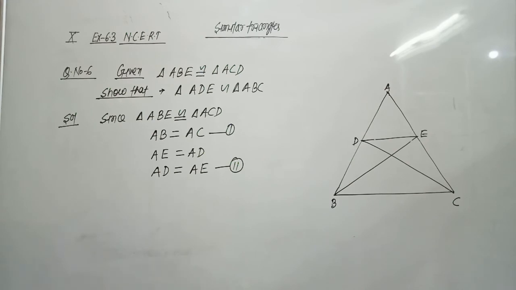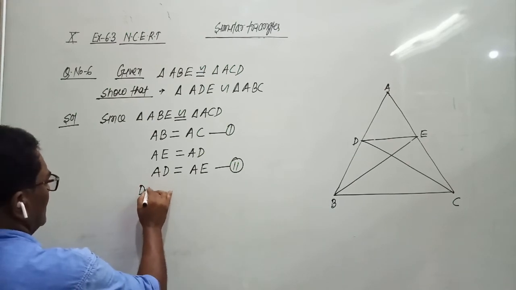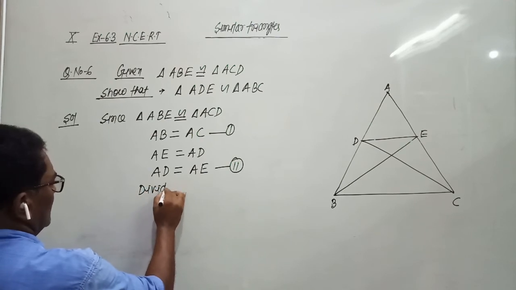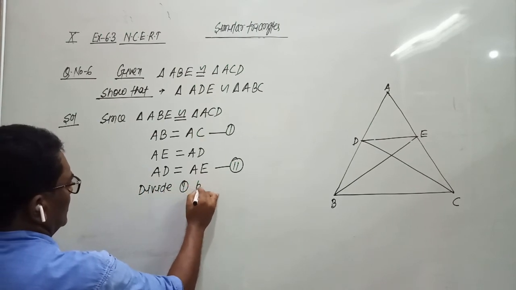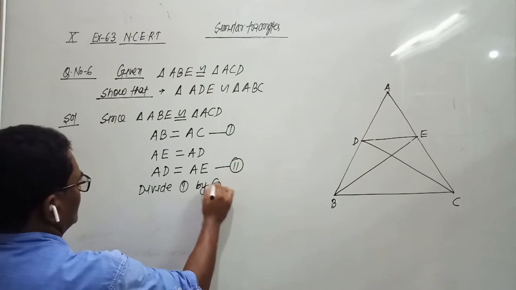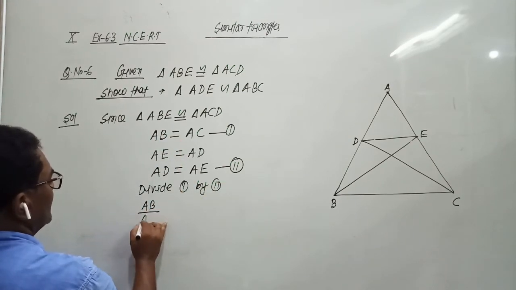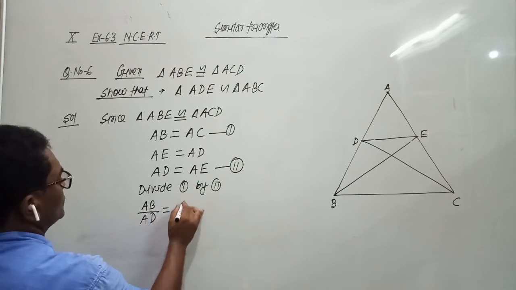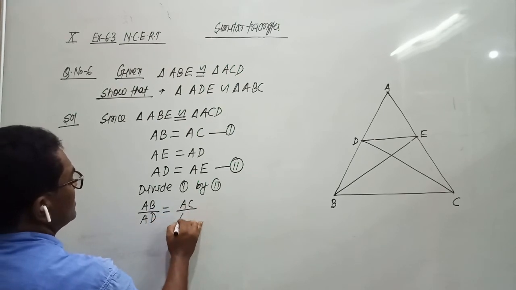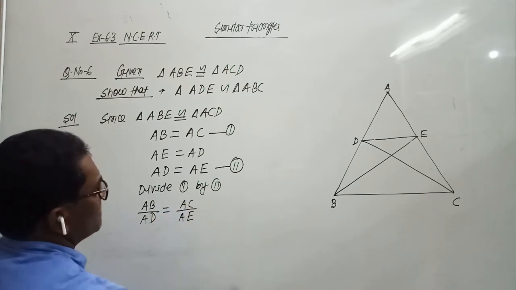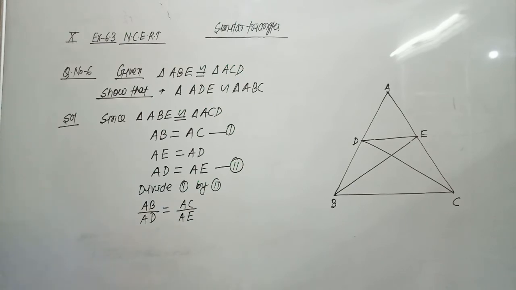Now divide first by second. So AB upon AD equals AC upon AE.